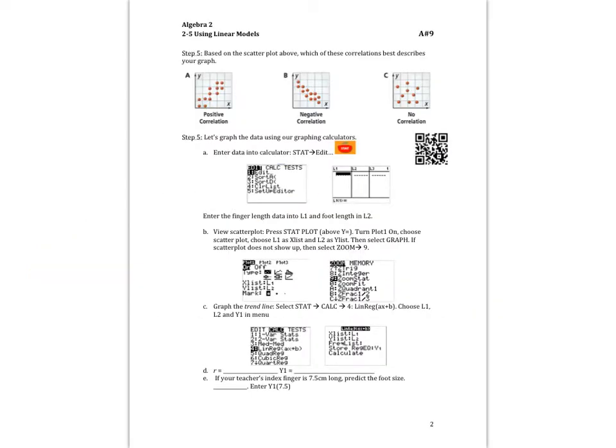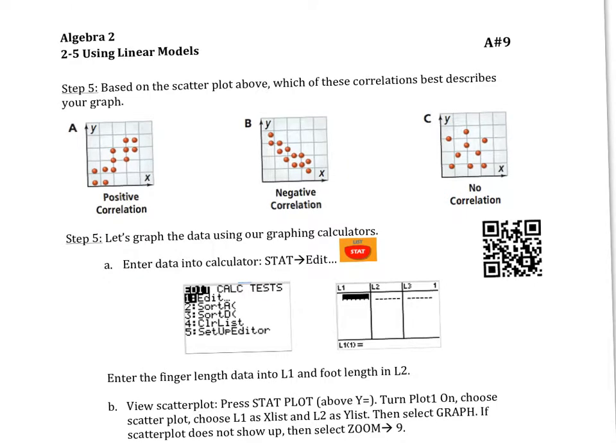So on page 2, we want to talk about 3 different types of something called a correlation.